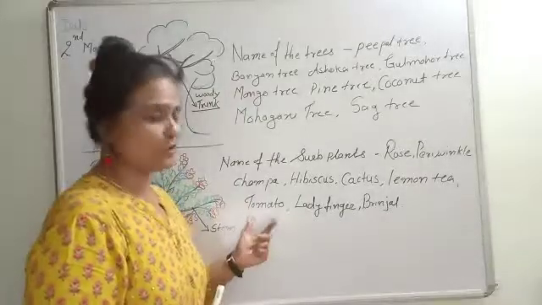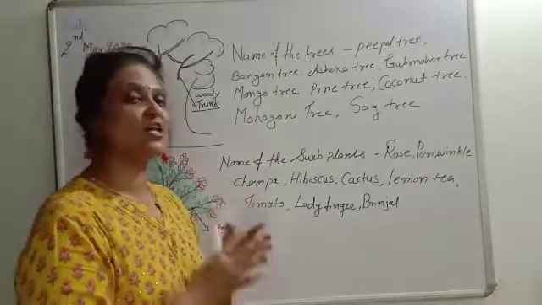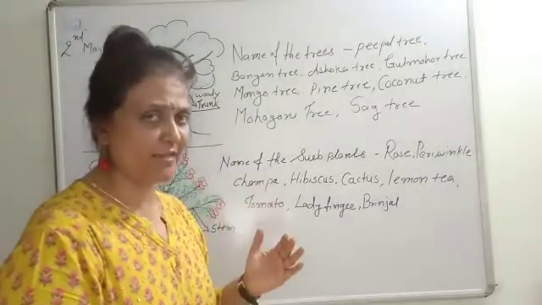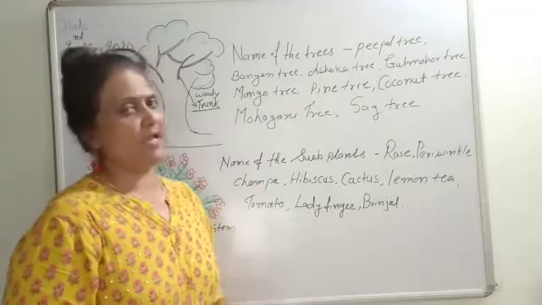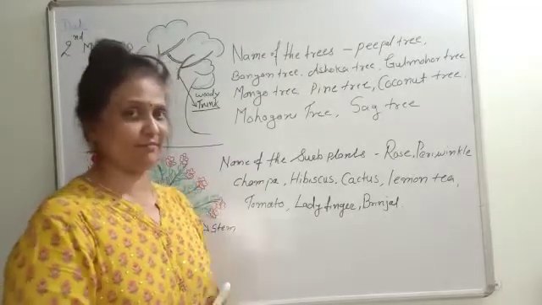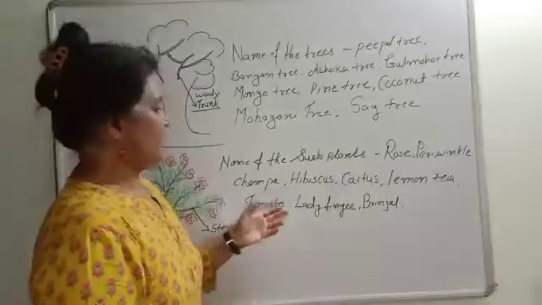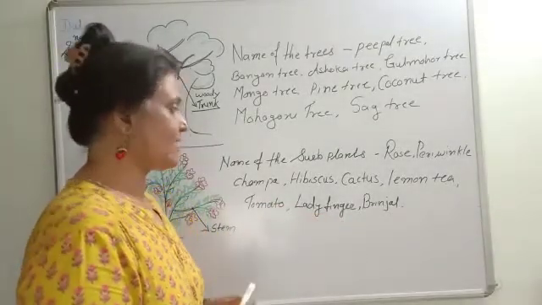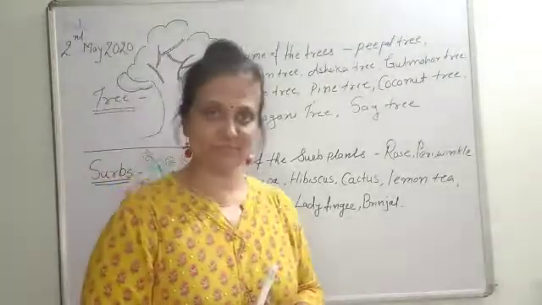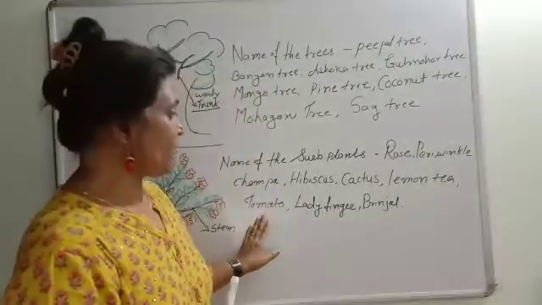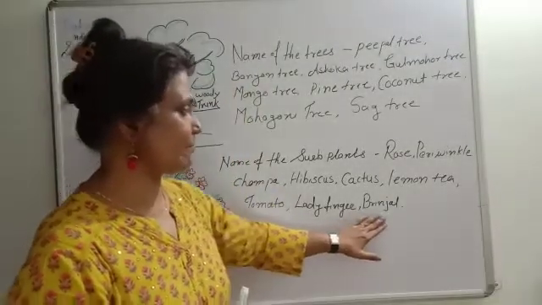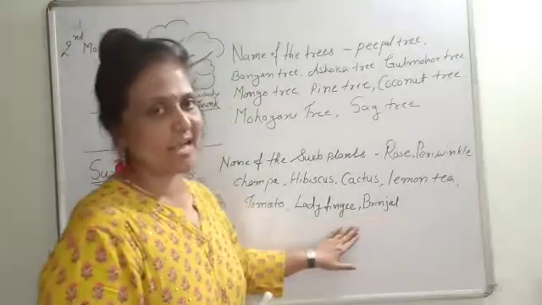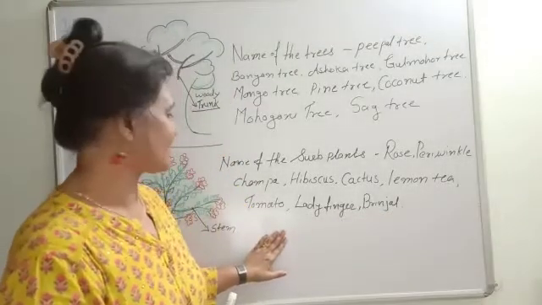Tomato. Tomato is one of the shrub plants. It is a very small plant. It grows in a farm as well as in a pot. Ladyfinger is a shrub plant. Tomato, ladyfinger and brinjal are vegetable plants.